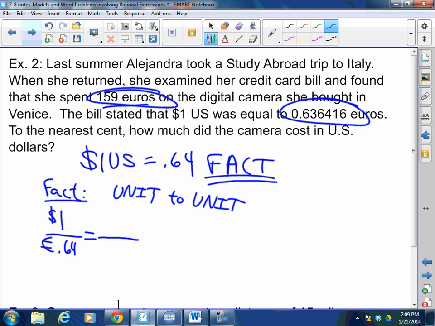Euros. So euro to euro. I put 159 down here, not because I'm trying to be a pain in the butt or make it difficult, but because of unit to unit. And do I know how many dollars this 159 will give me? X. Now, I am going to let you use a calculator.